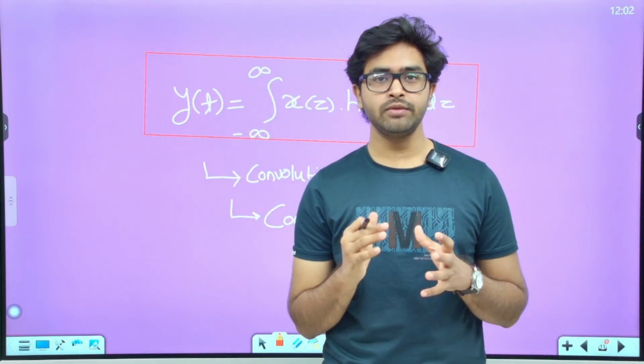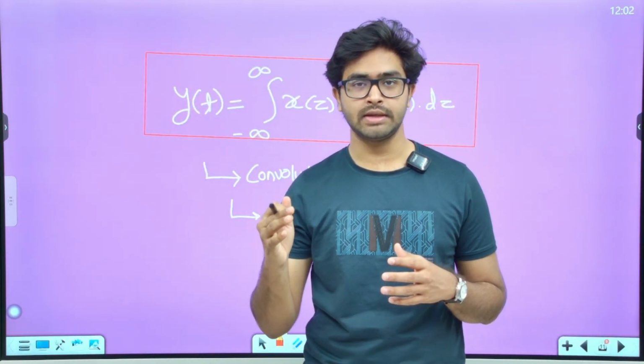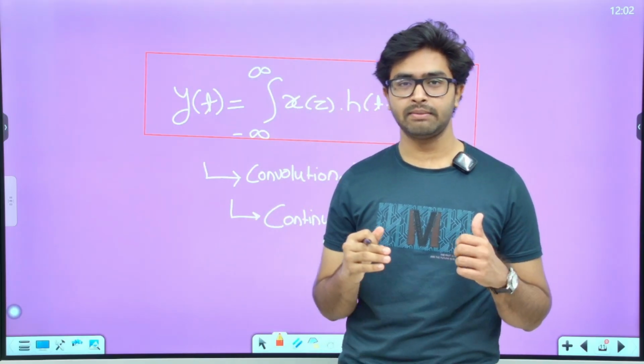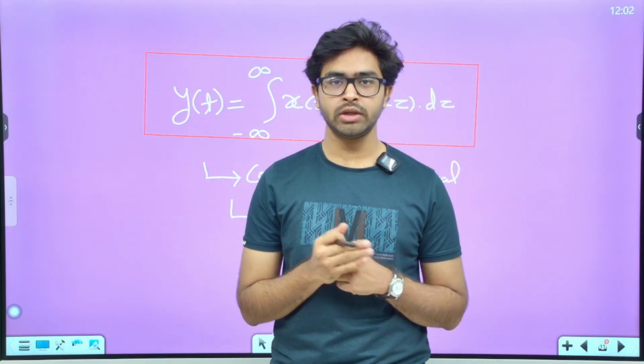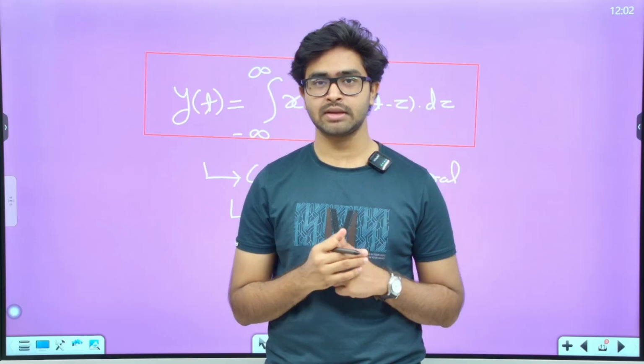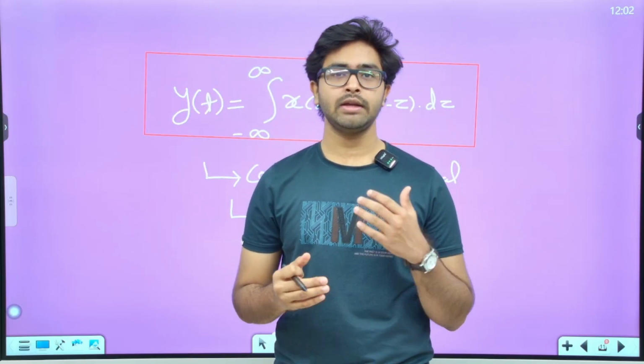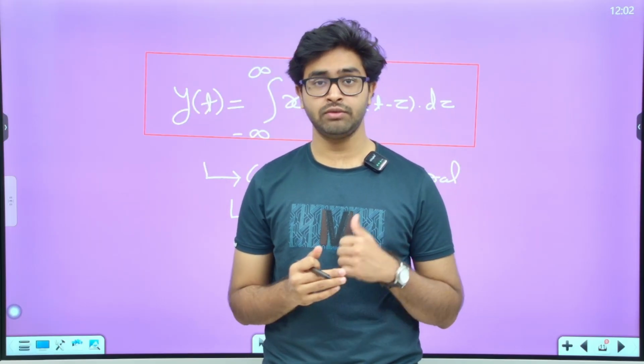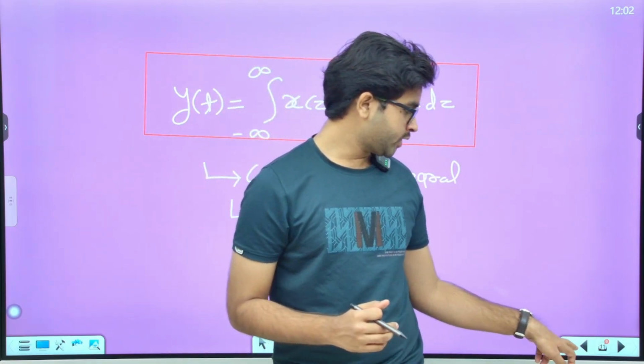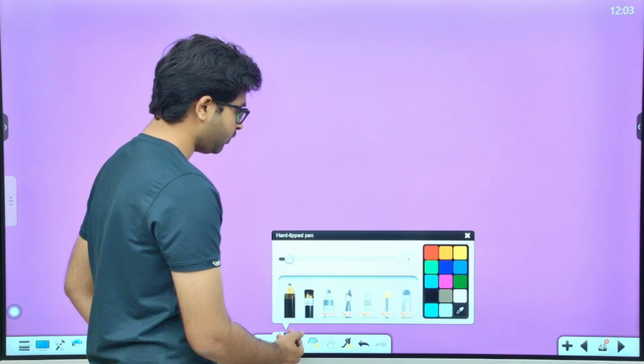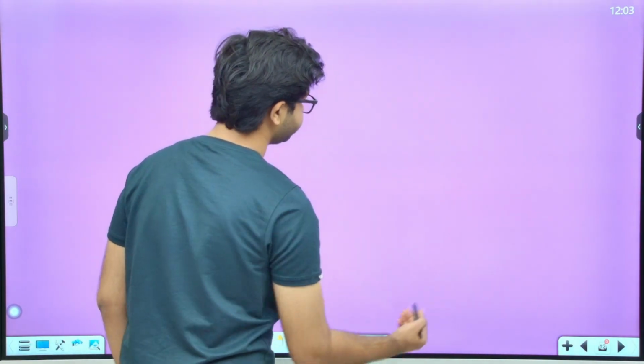But mostly we do not consider continuous signals because the integration might get difficult, and most of the university exams also don't ask this kind of questions. But if we are having any such question, we will definitely see it. The most important is the formula of the discrete time domain.